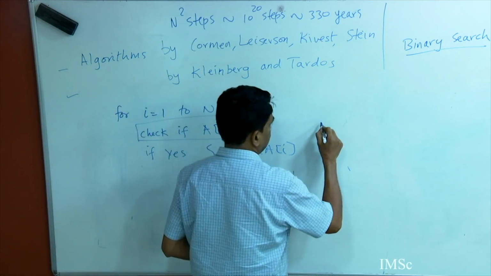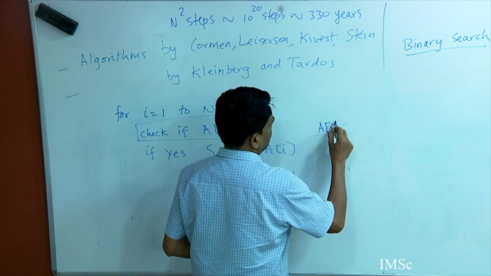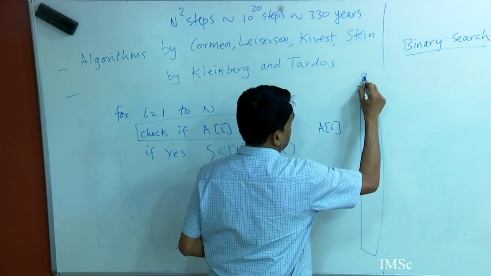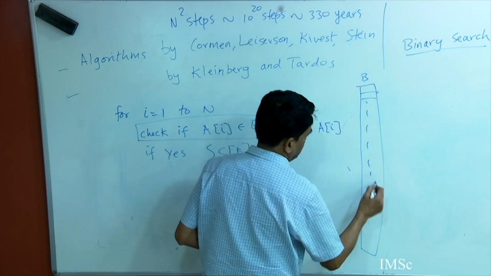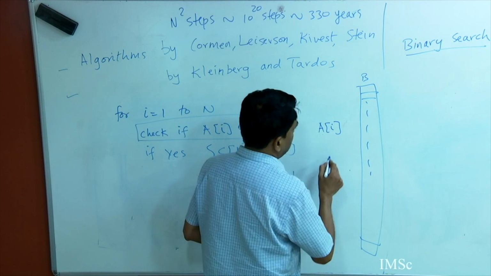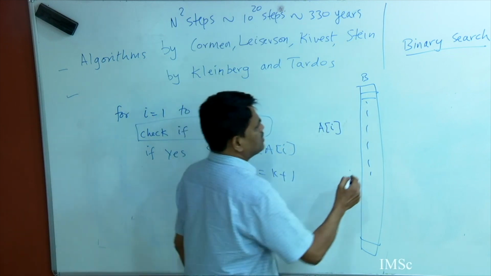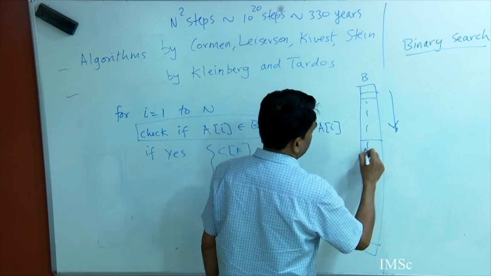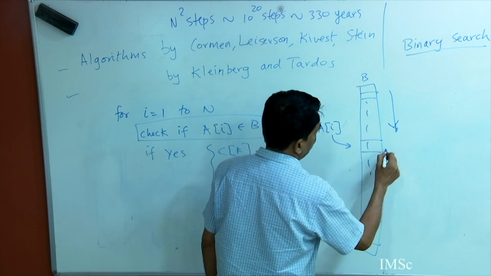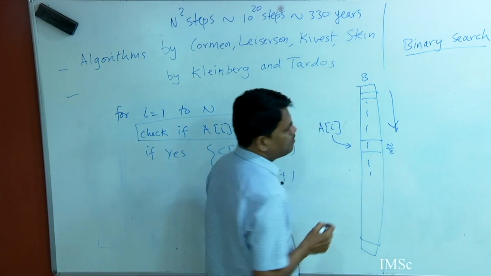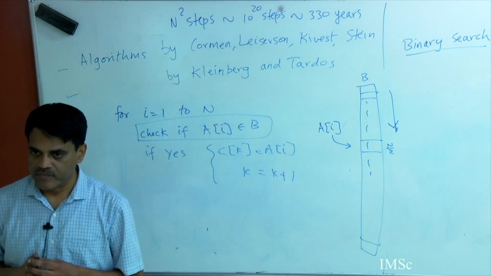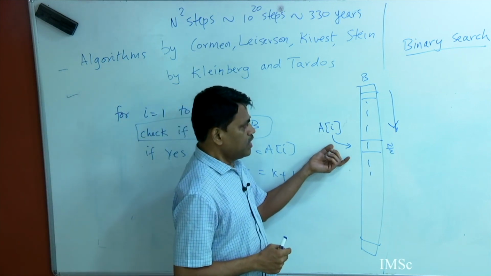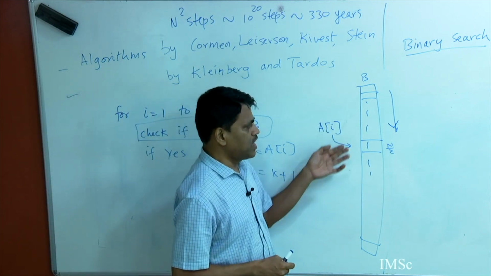Right. So I have this array B. I want to know whether A_i is in the list, but I know that it is in increasing order. So what do I do? I compare A_i with the middle element of B. Then either it may be equal to, or less than, or greater than.